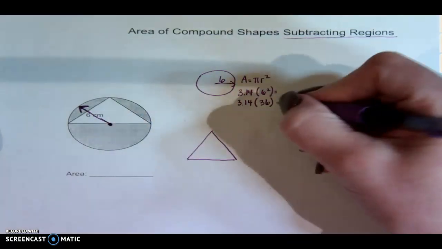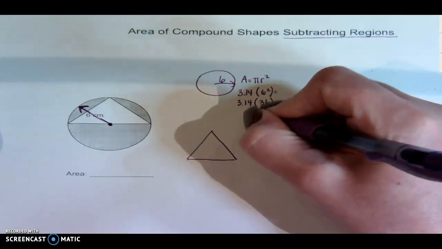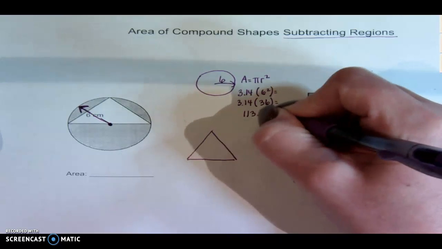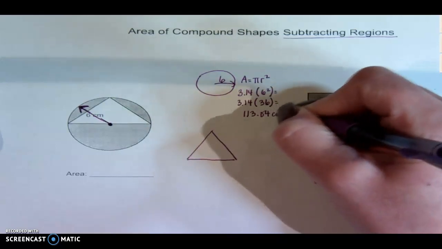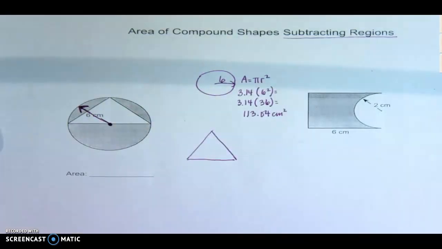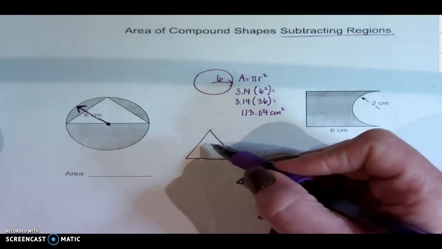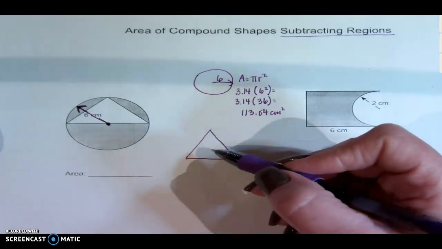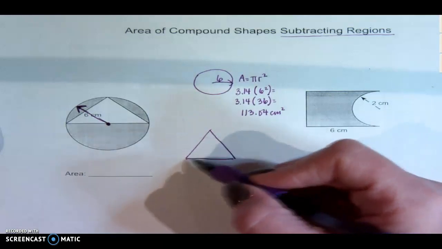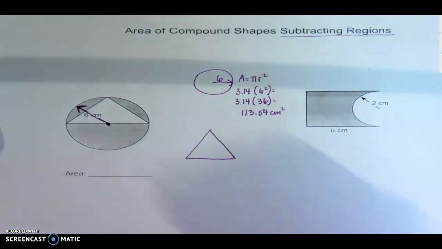That's the number that I'm working with. That gives me the area of 113.04 square centimeters. We have found the area of the circle. But we know that we do not have the full area because the triangle has been cut out of that circle, so now our area would be reduced by the area of this triangle.